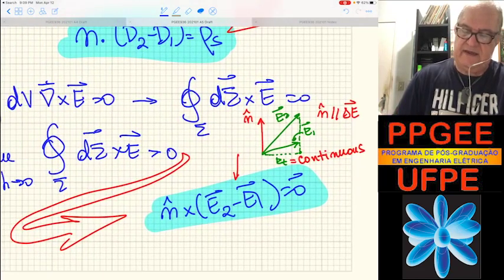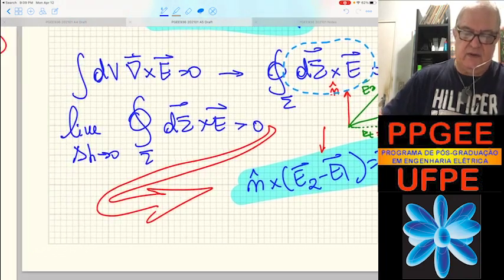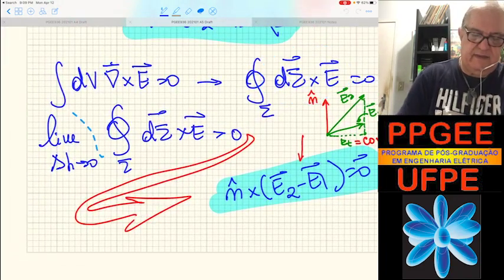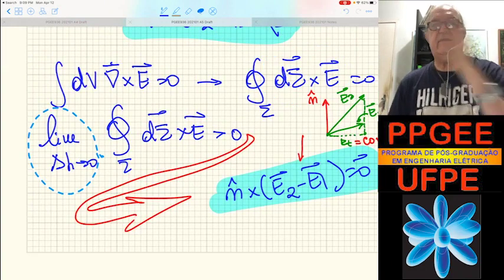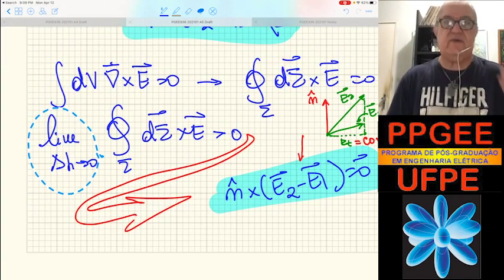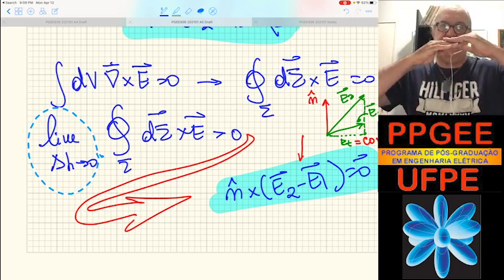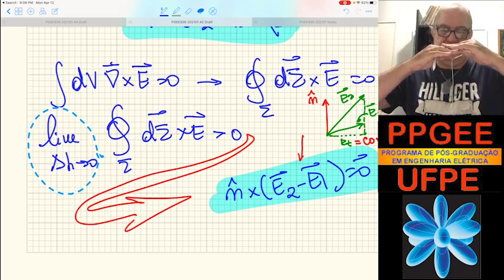So what you have is something like that. And you make the height small, in the limit. We know the lateral contribution vanishes. We have only the contribution from the top and lower parts, so we are connecting the fields on the interface.